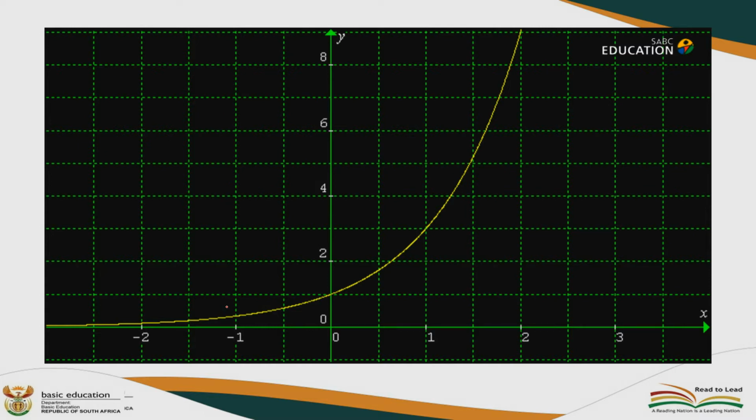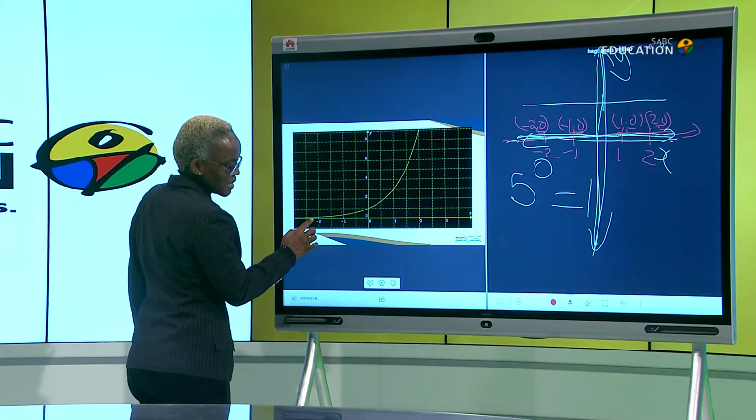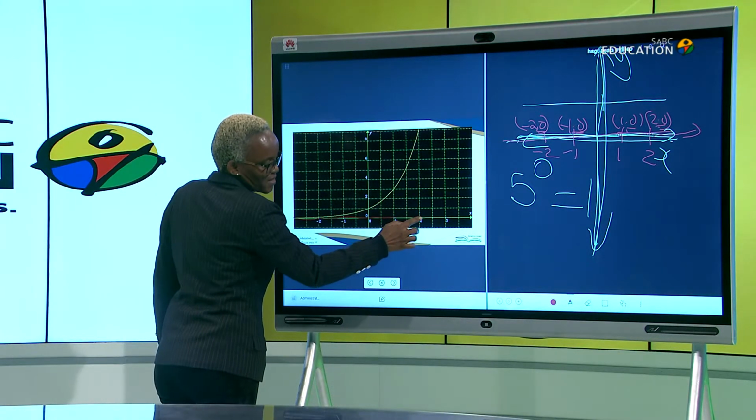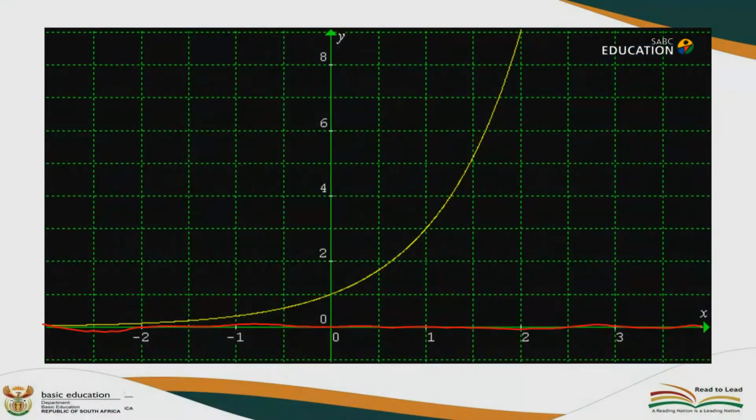It's our exponential graph. Now, to look at the characteristics we've just mentioned: it takes all the real values of x. This is our x-axis. So our graph will take all the real values of x.